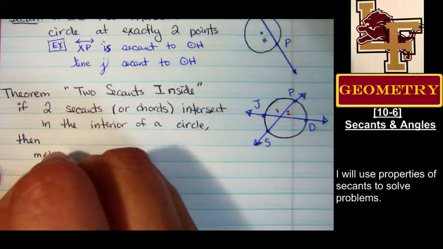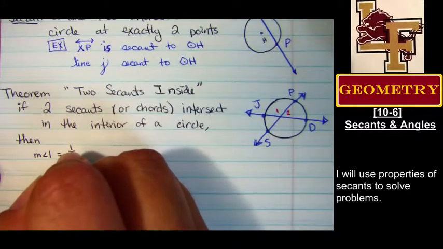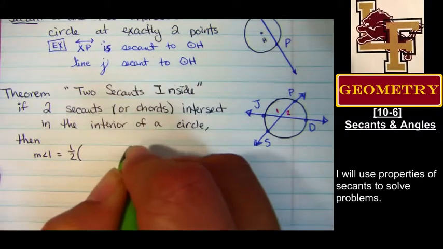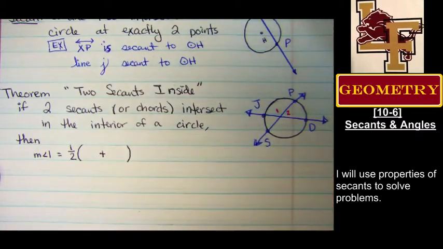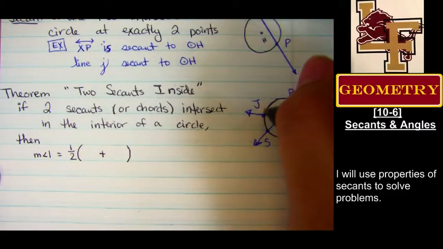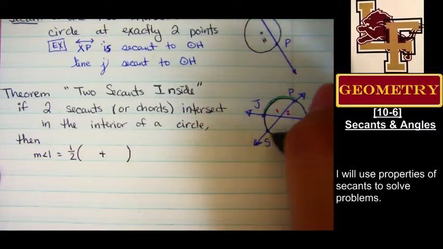So the measure of angle 1, that's this one. The measure of that angle is half of whatever you get when you add up the measures of these arcs that got created by these secants.